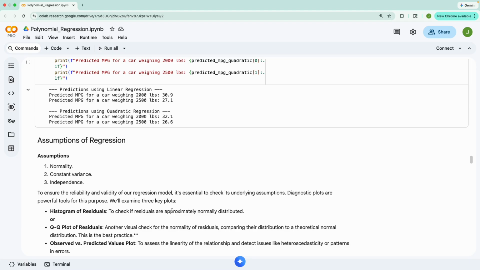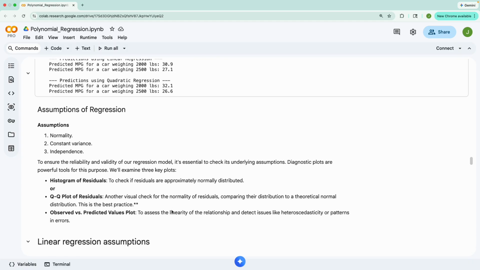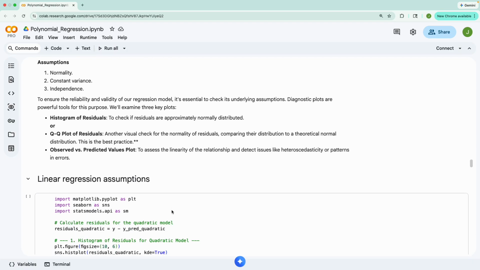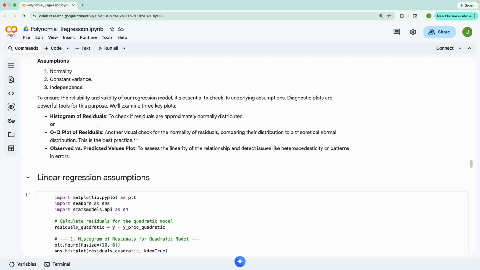So they're independent. Okay. For the normality, we'll use histogram of the residuals and QQ plot of the residuals. One of them is sufficient, but I just thought you should know that you could use both.